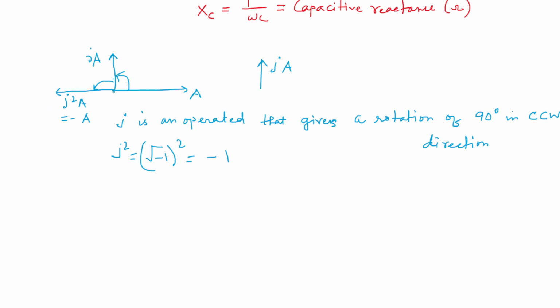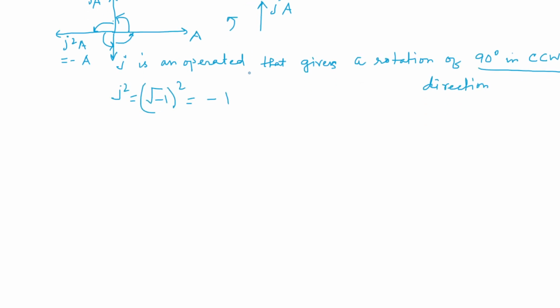If you multiply further, it gives j cube, another 90 degree rotation, and the fourth rotation gives the same phasor. So j is an operator that gives a rotation of 90 degrees in the counterclockwise direction, that is the positive direction.